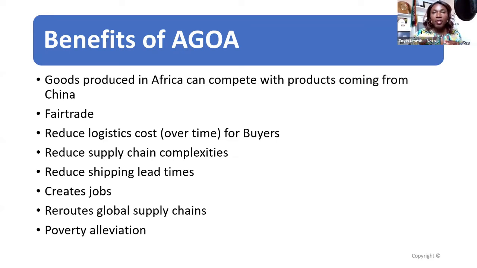Today there's a lot of middle players, and they have their role. One of the things I tell people is that the work they do, somebody has to do it. So if the African exporters want to penetrate the US market, they have to take the responsibility of refining those products and making them market eligible. That way they can earn more revenue from the additional value they are creating.